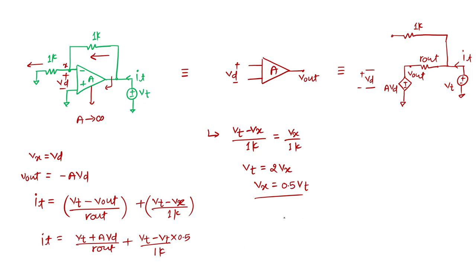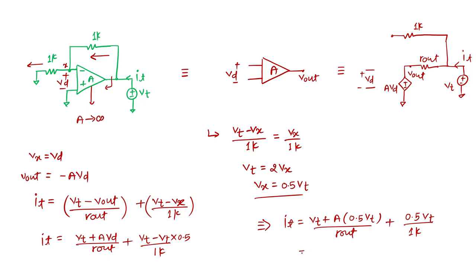VD is nothing but your Vx itself, which is 0.5 Vt. So I can write the equation IT is equal to (Vt plus gain times Vx, because Vx is equal to Vd, so 0.5 Vt) by R out plus 0.5 Vt by 1K. Okay.